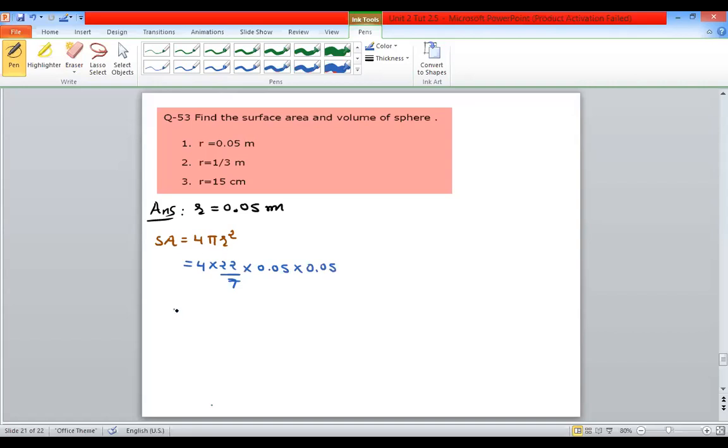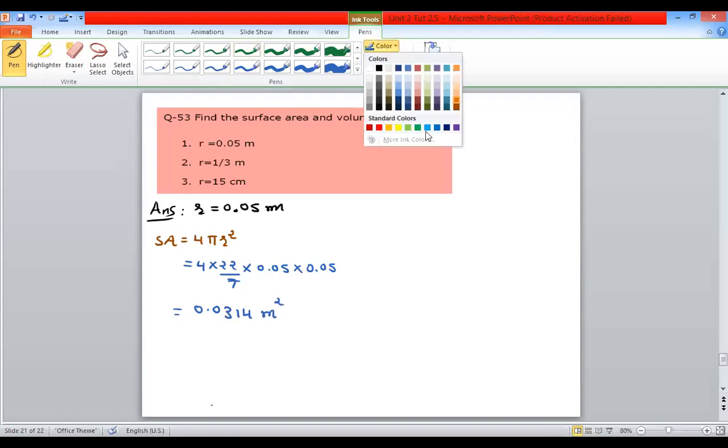Take the product and divide by 7. It's 0.03. Meter into meter, it's meter square.